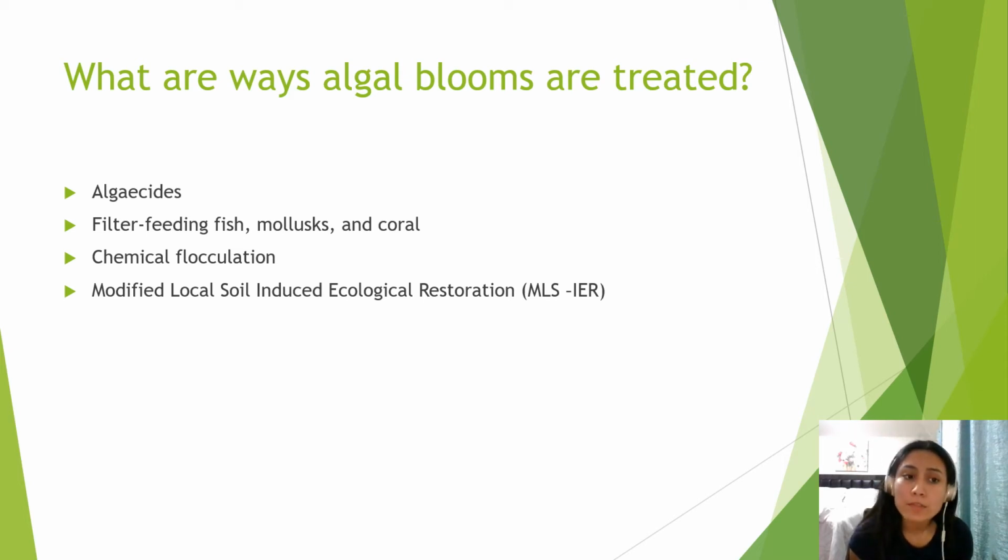It is found that chemical flocculation is more likely to be successful in the laboratory than in real life, and it could be very expensive to do the previous 3 treatments that I mentioned.